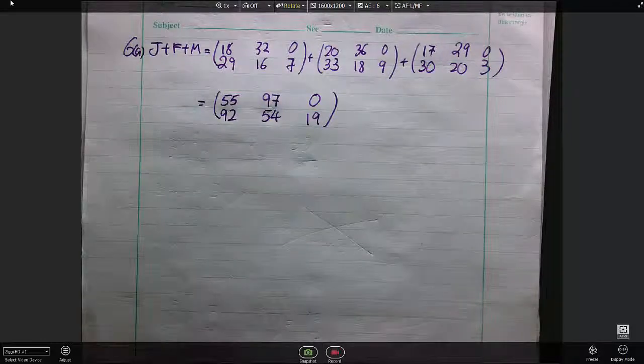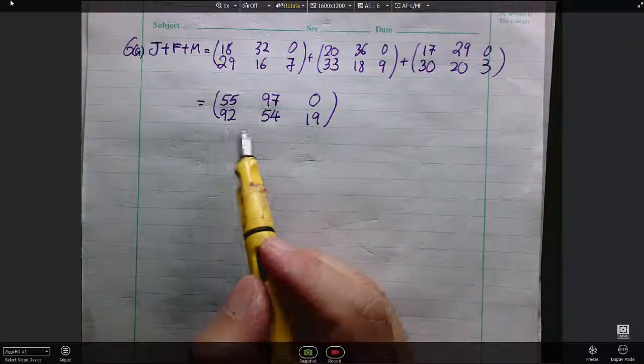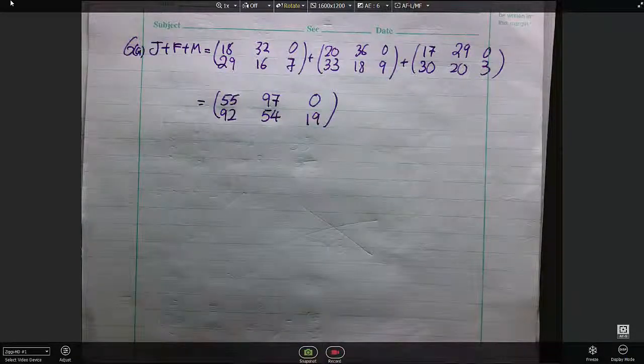What does the sum of elements in the second row of J plus F plus M mean? If I take 92 plus 54 plus 19, what does it mean?